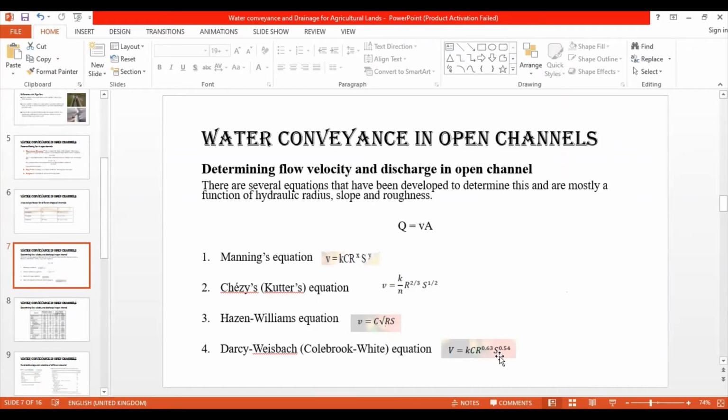So you can choose which equation to use depending on the circumstance you are in, depending on which parameters you have been given, but all of them will work in the same way. Using these equations, you can determine how fast water can move in your channel based on your slope, your hydraulic radius, as well as the roughness of your material.